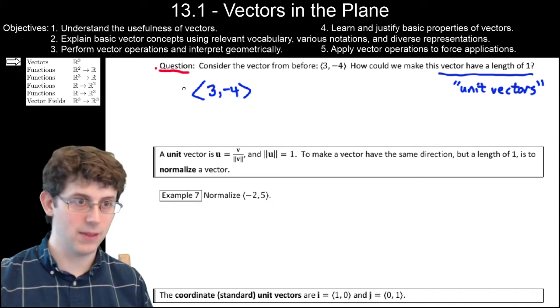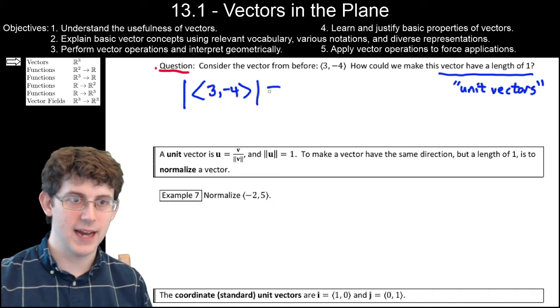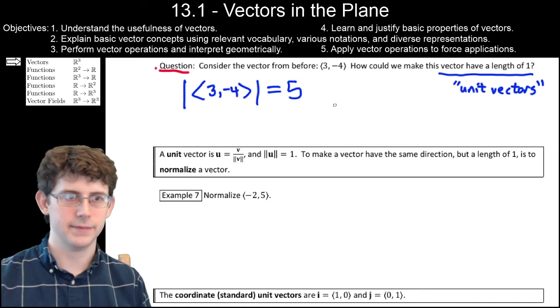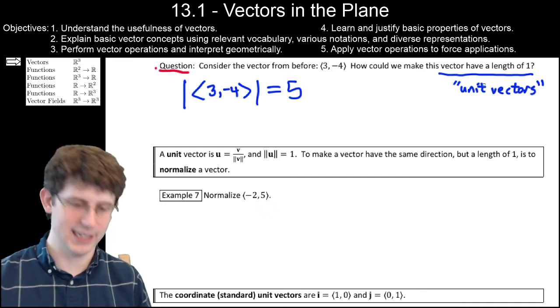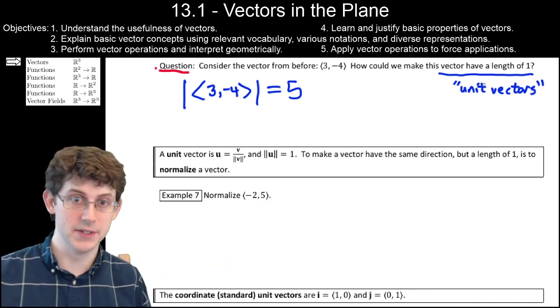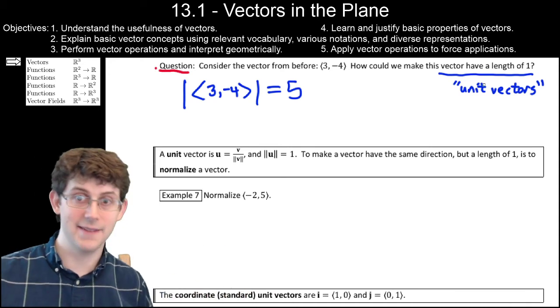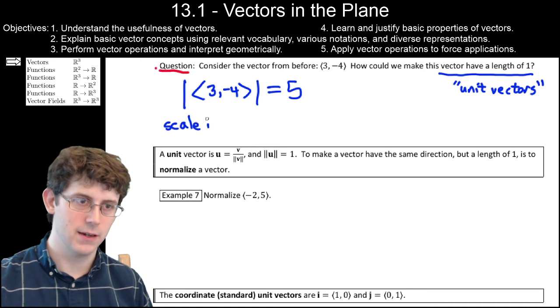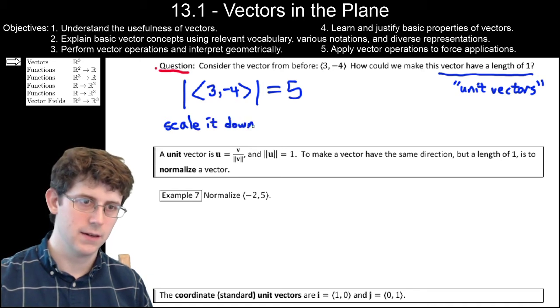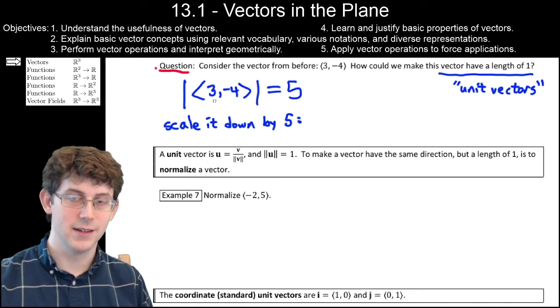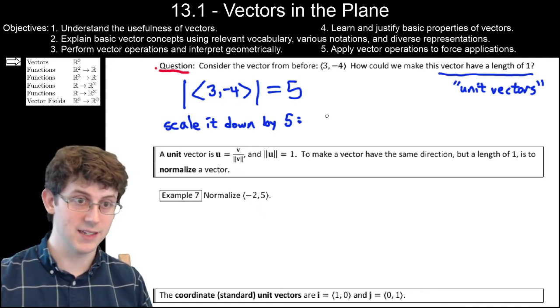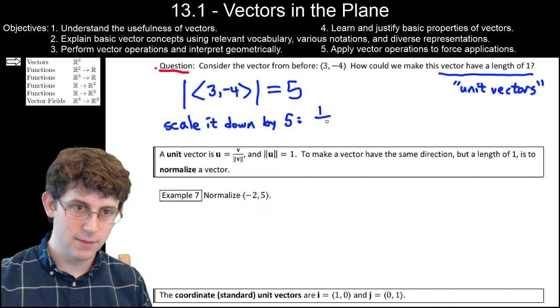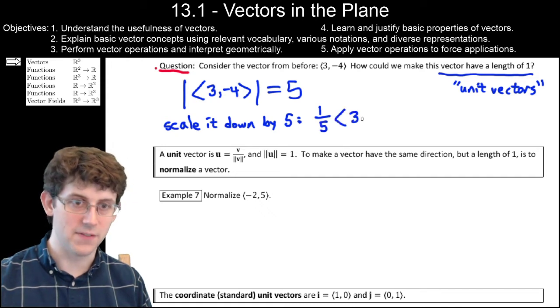Well, this doesn't have length 1. This vector has length 5. So how do we get it? It's like 5 times as big as it's supposed to be. How do we scale it down to have a length of 1? Well, you scale it down by its magnitude. So the unit vector that's in the same direction as 3, -4 would be multiply the whole vector by 1/5.